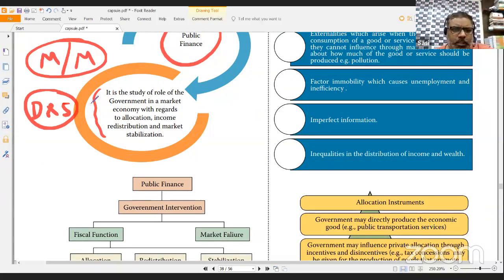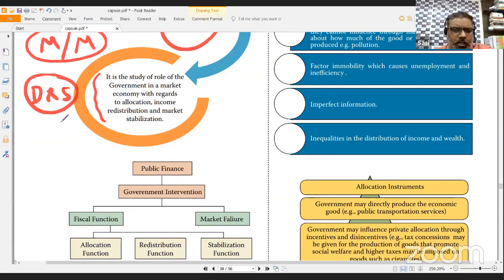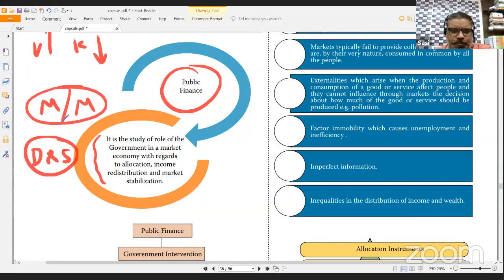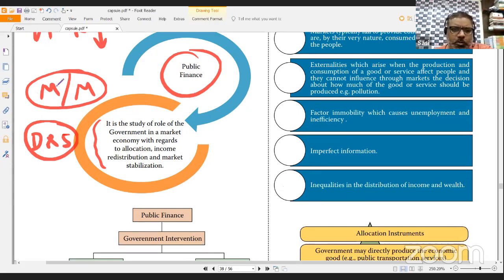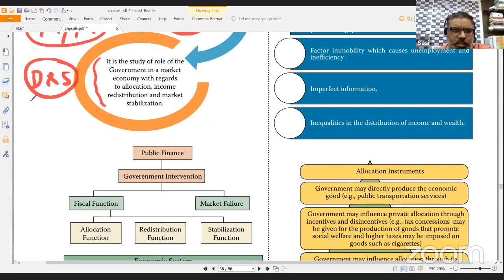But later, after the Great Depression in 1929-30, and particularly after the Second World War, that opinion has changed. Even in the capitalist countries, where markets are more dominant than governments, government intervention is necessary in order to correct market failures. That is the new idea they have brought in, which we are looking at now.